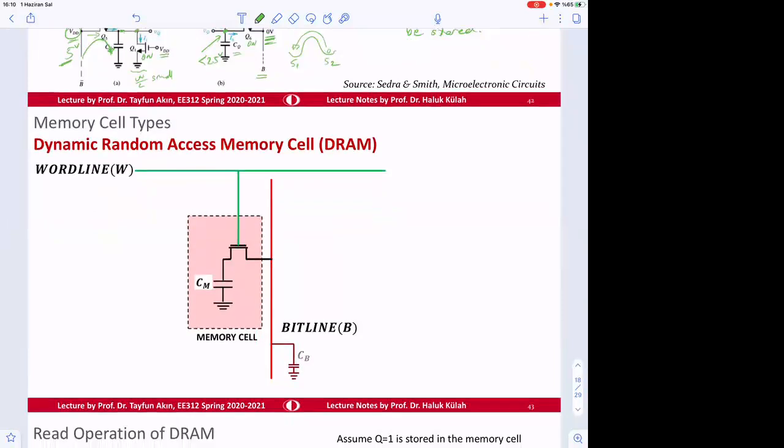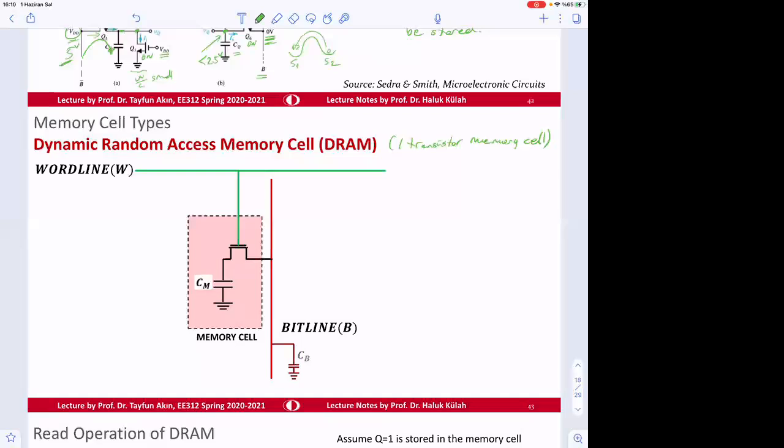So another extreme is just to use 1 transistor in the memory cell. So this is a 1 transistor memory cell.